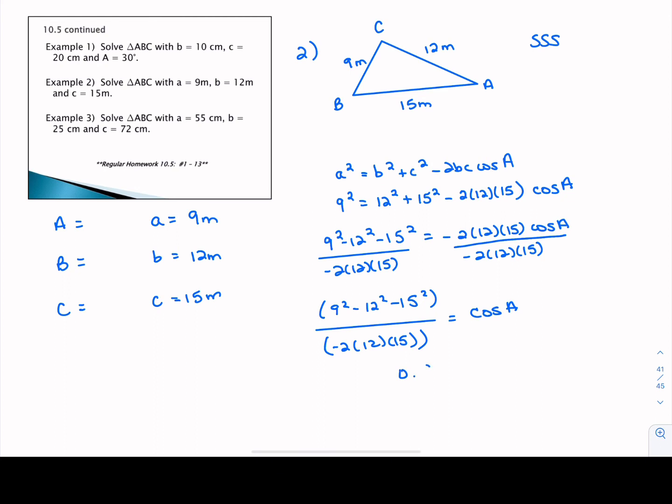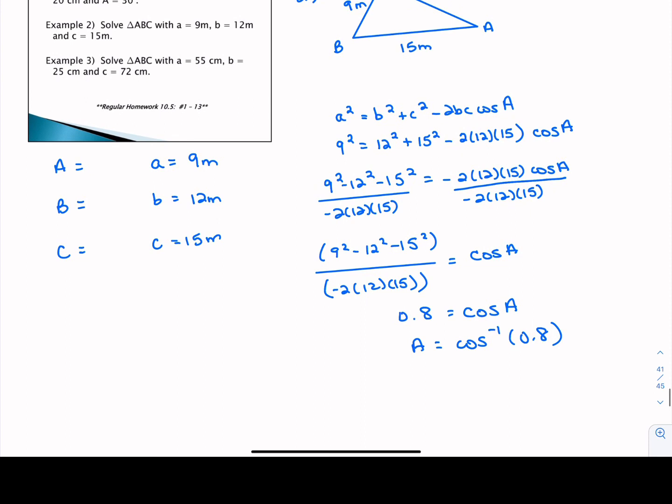So 0.8 is the cosine of angle A. So A on its own is cosine inverse of that decimal 0.8, or that ratio. So angle A, when we do our calculation, is roughly 36.9 degrees if we round that to the nearest tenth. So we can put that into our chart and know that we've solved for one of our missing 3 parts.